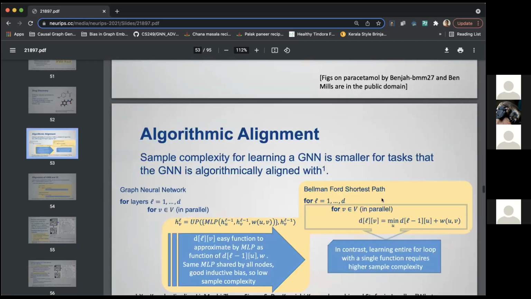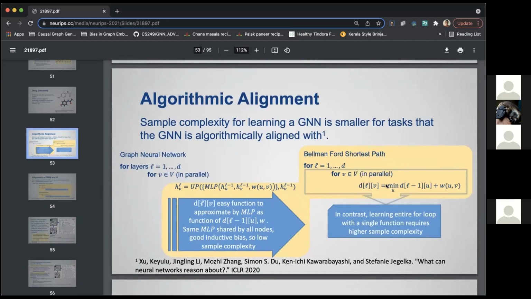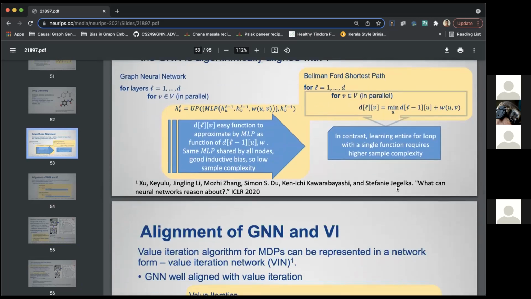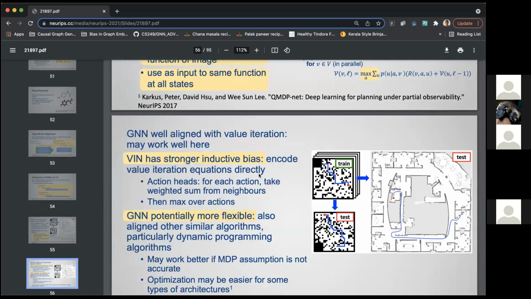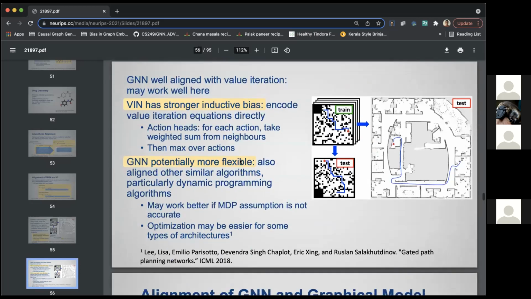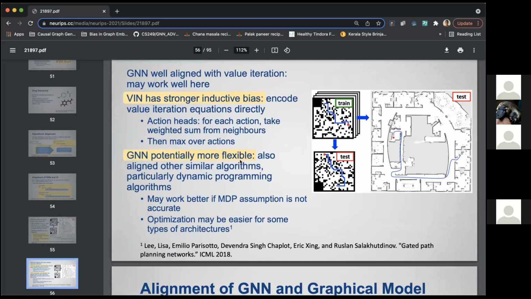Basically, because we know algorithmically and provably that these update functions and aggregation functions are the ones that work best, and we're encoding this information directly, there's going to be a much stronger inductive bias for value iteration. But the GNN could be more flexible, especially if some assumptions that we make are not accurate, which a GNN could discover, particularly for a specific kind of MDP.